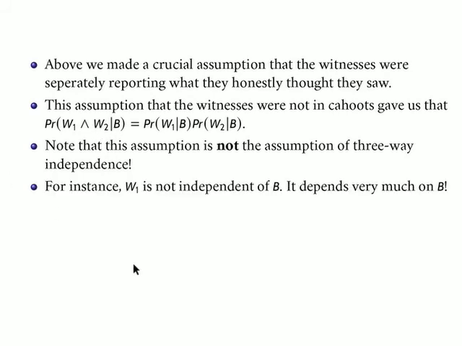So for instance, the witness saying that it was blue is not independent of it being blue. In fact, since the witness is very reliable, and to be precise in this example, the witness is 80% reliable, whether the witness says it's blue actually does depend very much on whether it is blue.